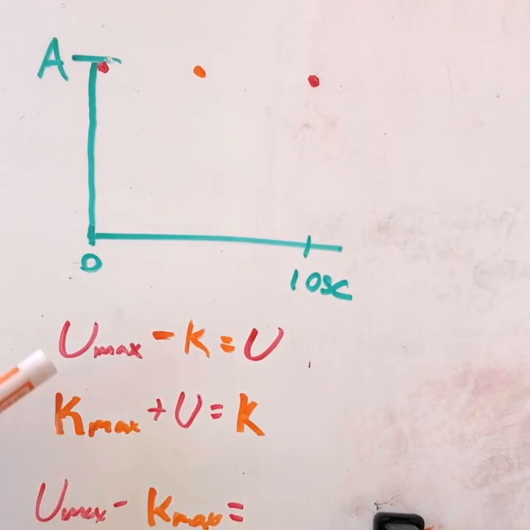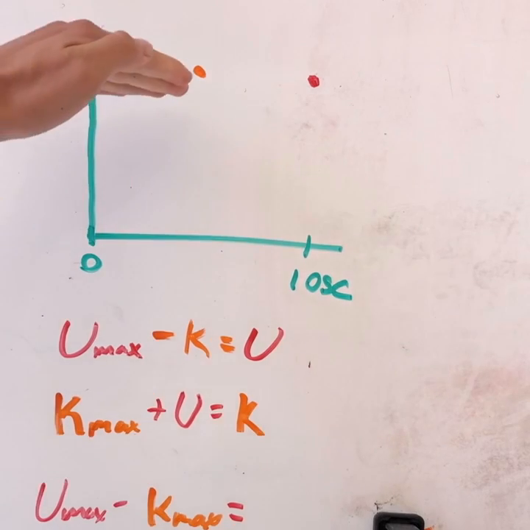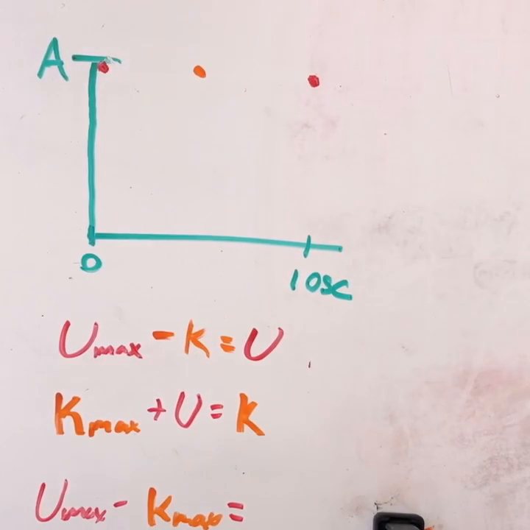Well, if you're looking at this graph, K max and U max are actually the same value because this is the ceiling for the system. Energy has to be conserved. So K max minus U max would actually equal a 0 value for potential energy.